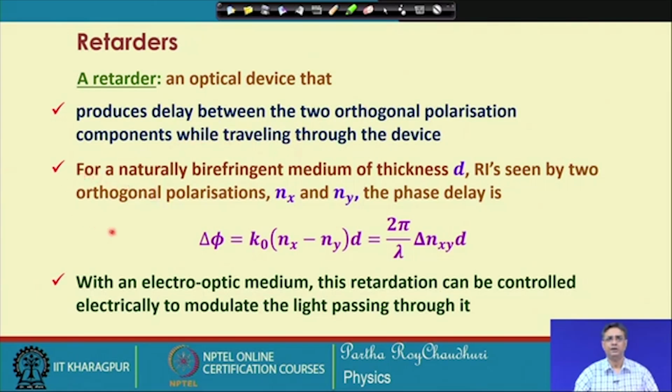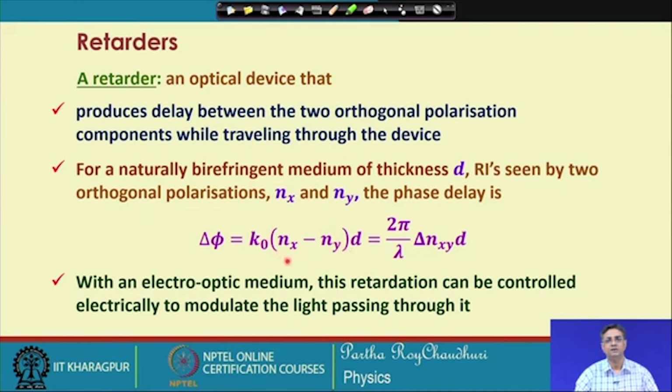For a naturally birefringent medium, let us suppose of thickness d, and the refractive indices seen by the two polarizations in the direction along which the light is propagating are designated by n_x and n_y, then the phase delay, that is delta phi, will be equal to 2 pi by lambda times (n_x minus n_y) times d.